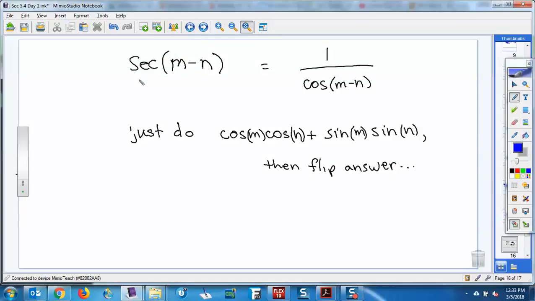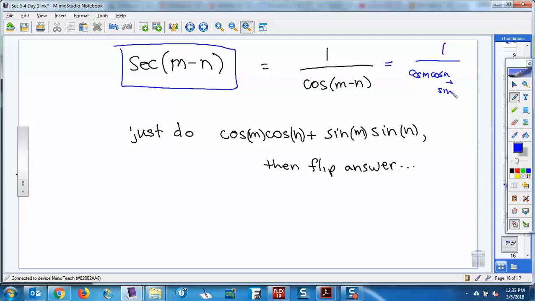Okay, what happens if you see a secant? I'm just going to make a comment about it. What happens if you see a secant or a cosecant of m minus n or a minus b or u minus v, whatever, those letters don't matter. Okay, what if you saw a secant? Well, remember, that's 1 over cosine. So that would just be 1 over cosine m cosine n plus sine m sine n, right?